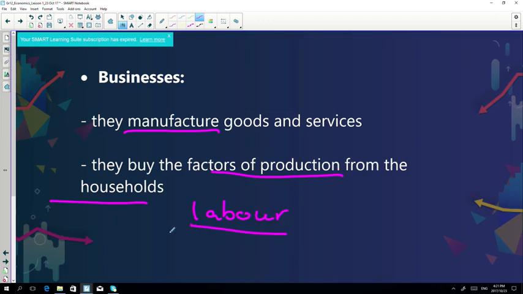So you can't really manufacture if you haven't got the skills and the expertise to do so. So the businesses rely on the households for this particular factor. So in return, the businesses will pay remuneration to the households so that they are also able to purchase the goods and services that they want.